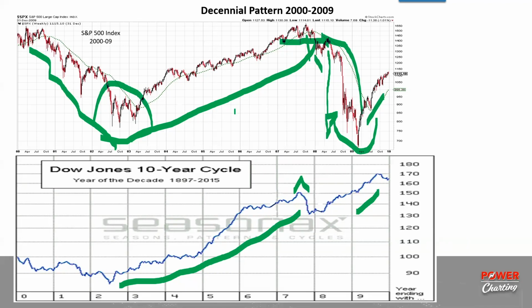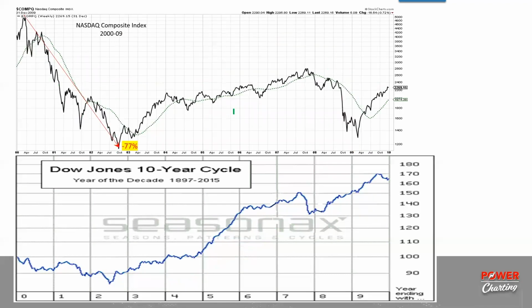And so with that, let's look here at the Nasdaq comp. This is interesting. This is what we'll finish on for today, and then we'll go into some other themes with Decennials next week. But this is looking at the Nasdaq composite back in 2000. This is the descent. This is the end of the dot-com boom.